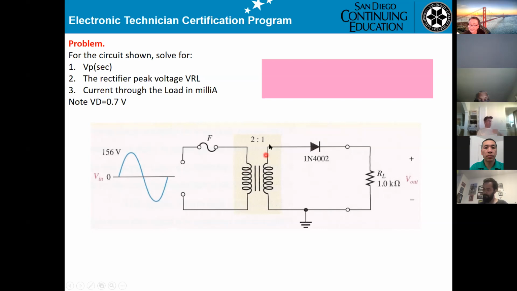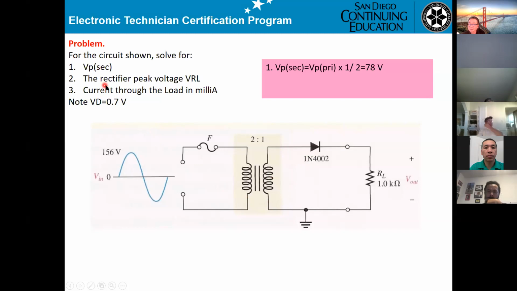Now, the ratio for this transformer is 2 to 1. So if you get 156 volt here, you're able to calculate the secondary. You take 156 times 1 divided by 2. So that's why you get the secondary equal to 78 volt. That means the voltage from here to the ground is 78.